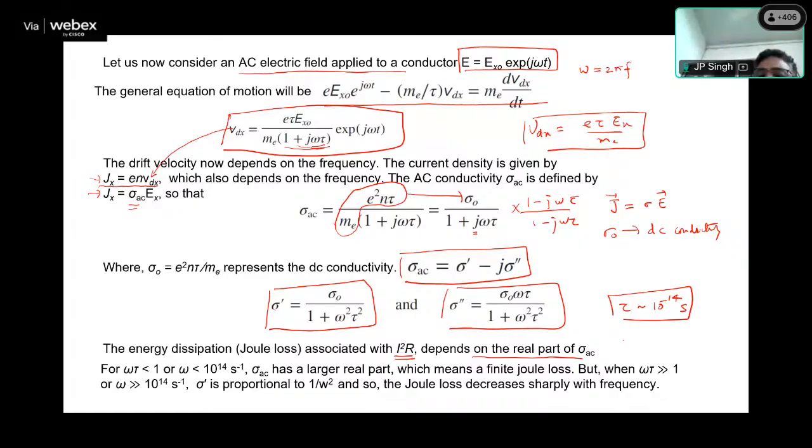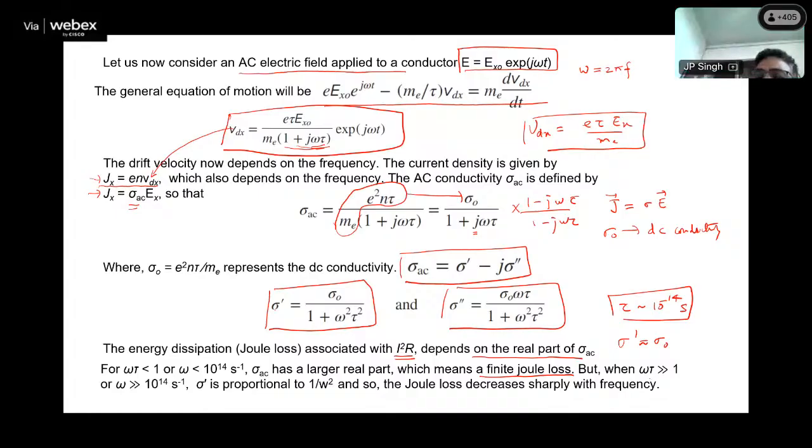So sigma prime will be approximately equal to sigma naught, which means the AC conductivity will have a larger real part, so there will be a finite Joule loss. For very low frequency, there will be a finite Joule loss.